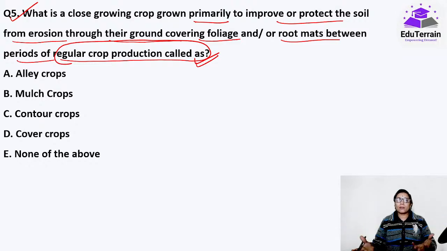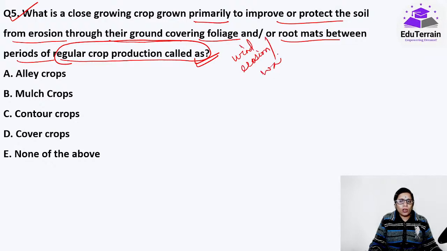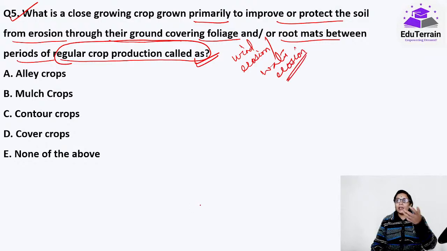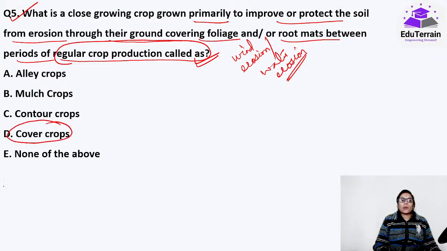Why not grow some crop in such a way that the foliage would cover the entire area, or the root mats would be tightly held with the soil particles in such a way that it will avoid erosion, especially wind erosion. Okay, wind erosion or water erosion also in few cases where there might be excess water, but generally in areas where it is dry, arid conditions, they tend to go for these cover crops. Sorry, I gave you the answer. Okay, it's the cover crops that we are talking about here.